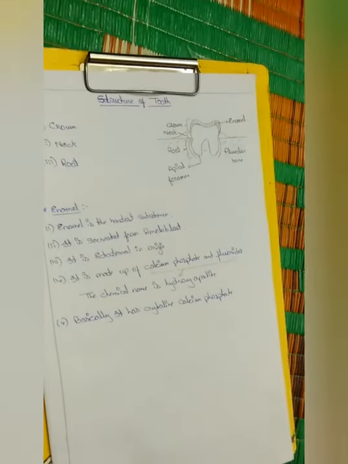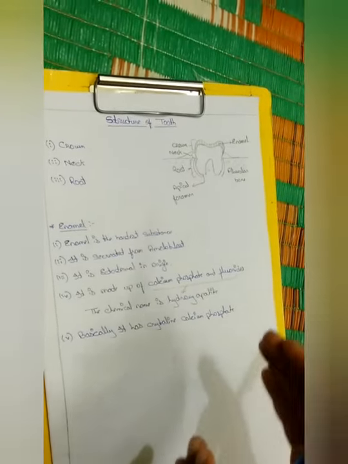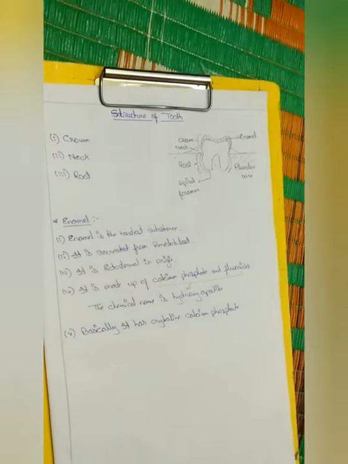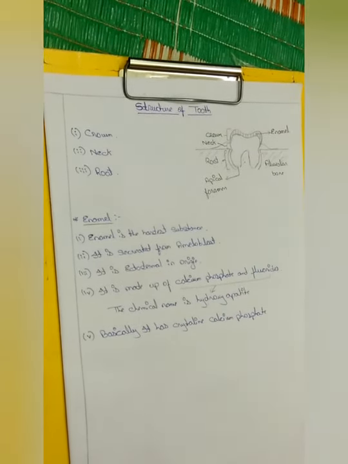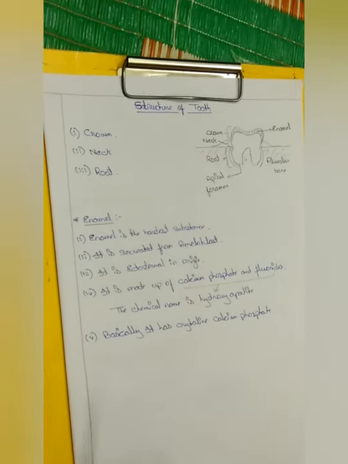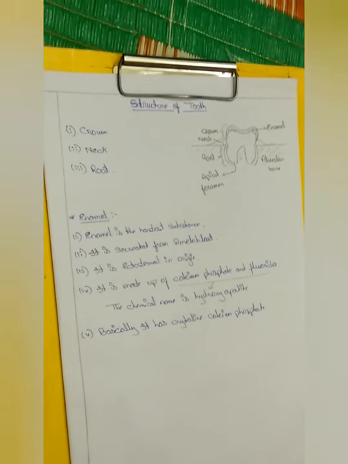Basically enamel is made up of calcium, but fluoride is essential.